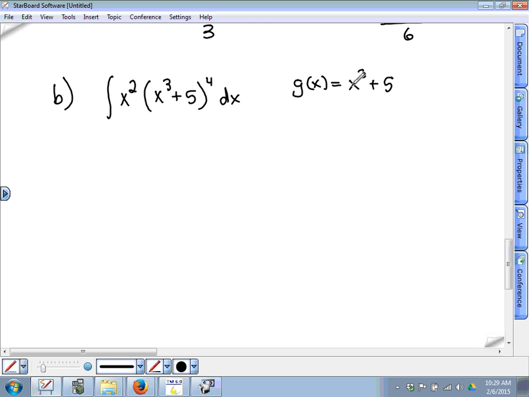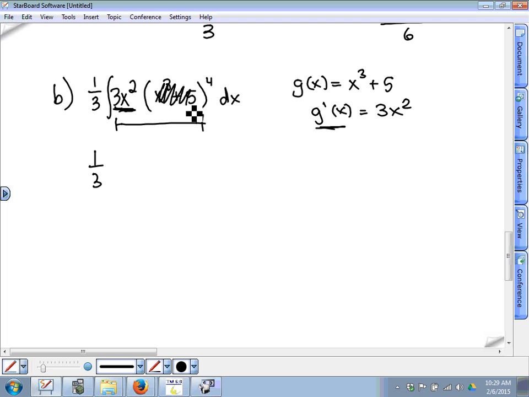So I'm assuming you let g of x equal x to the third plus 5, so then g prime would be 3x squared. We have the x squared, so we need a 3 right there and a 1/3 out there. So now we have the 3x squared that we need for g prime of x. So this whole thing now is a chain rule. So it's 1/3.